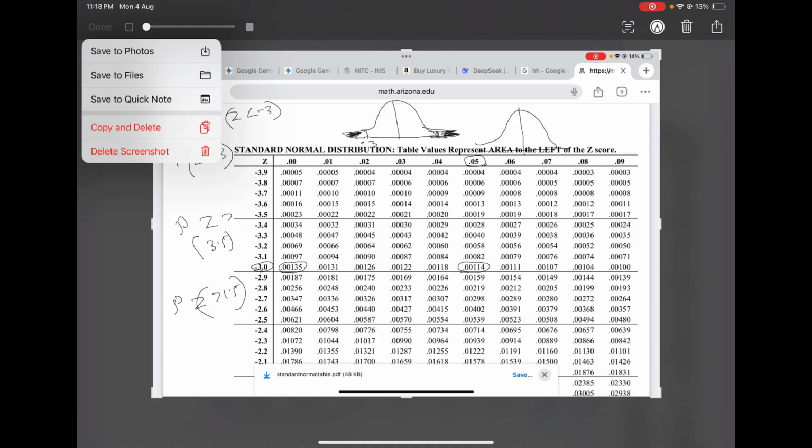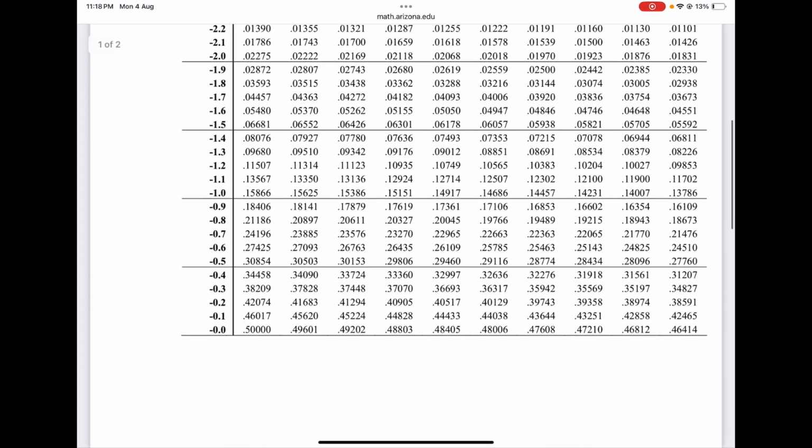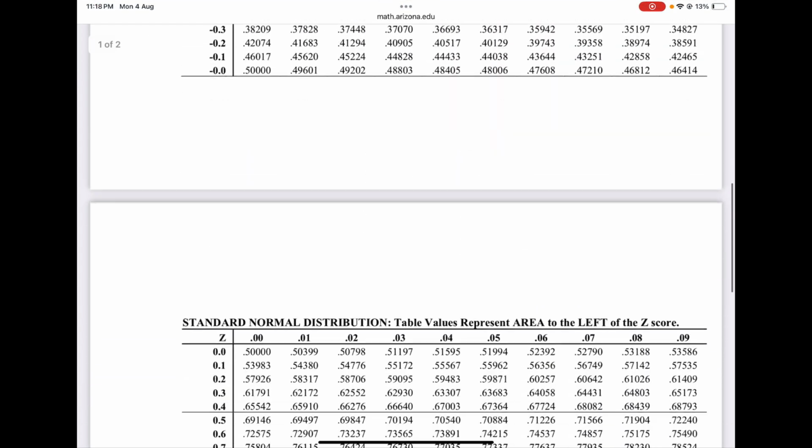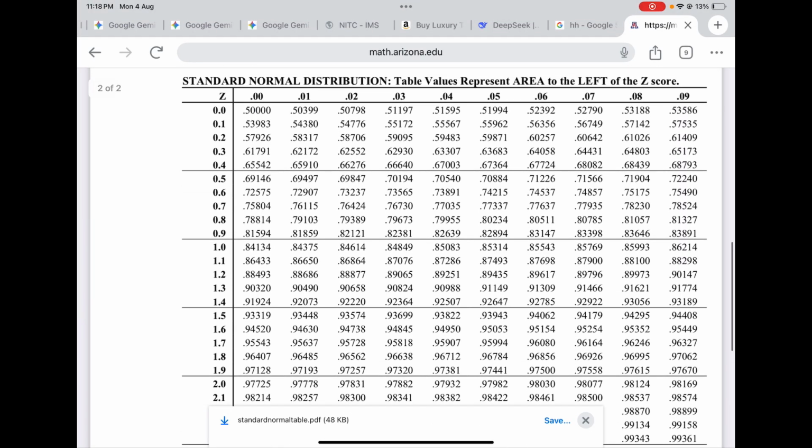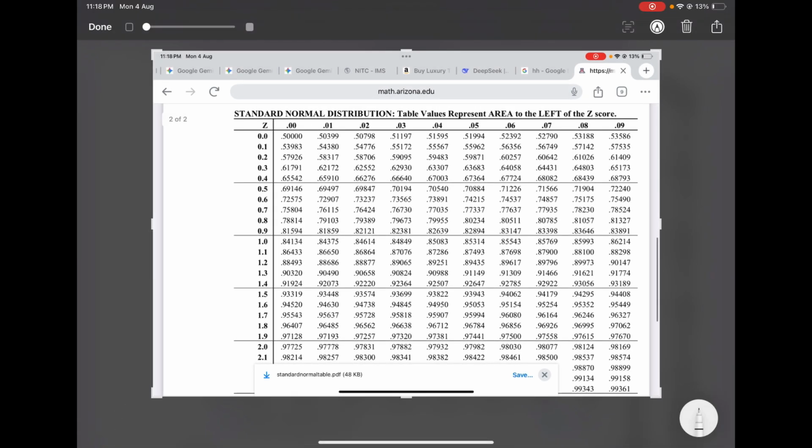So in our question, we need to find Z greater than 1.5. For that, let us look at the table here. You can see corresponding to Z 1.5, the table values represent the area to the left of the Z score.